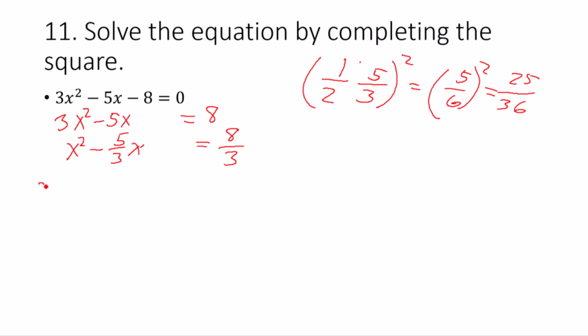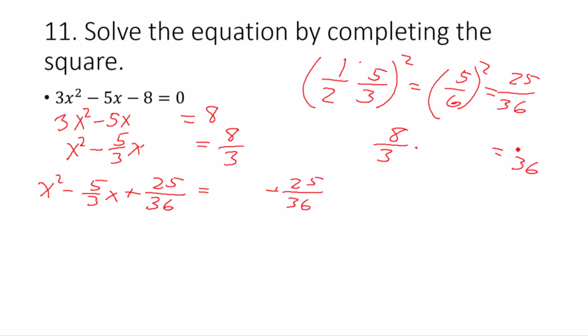So we'll have x squared minus 5/3 x. And there's the magic bullet for us, 25/36. On the other side, we're going to add 25/36. Now the 8/3 is not in 36. How do we make it into 36?